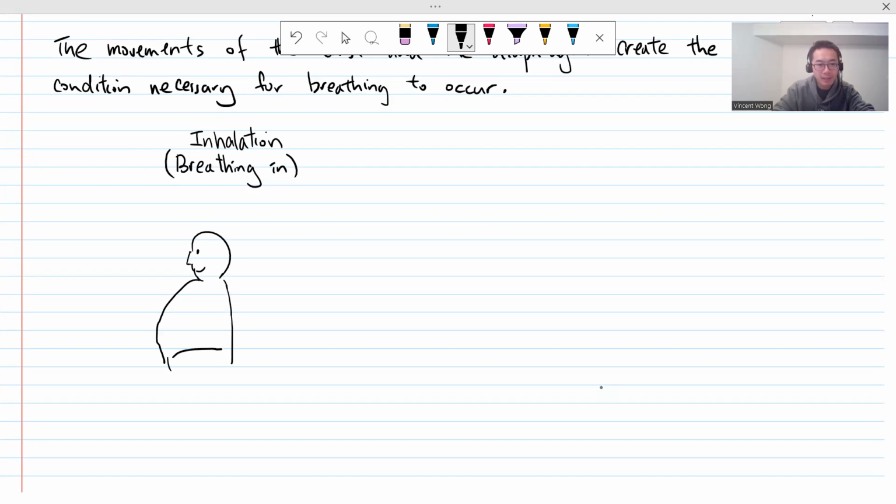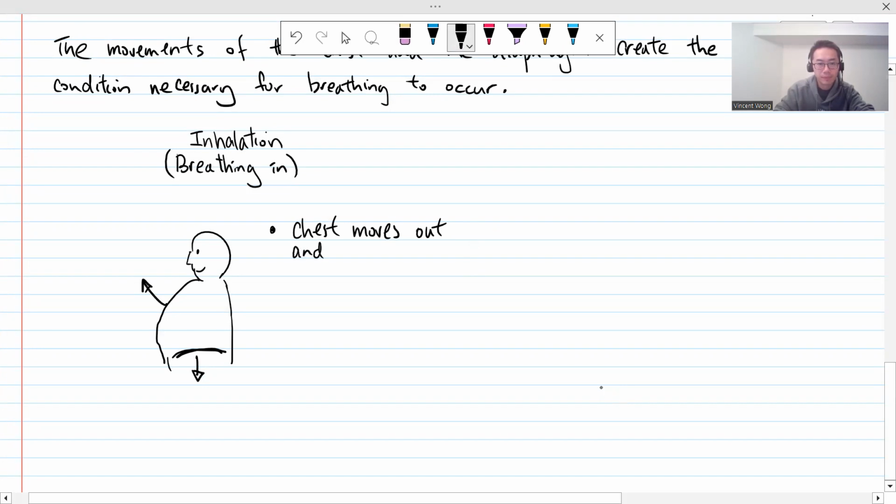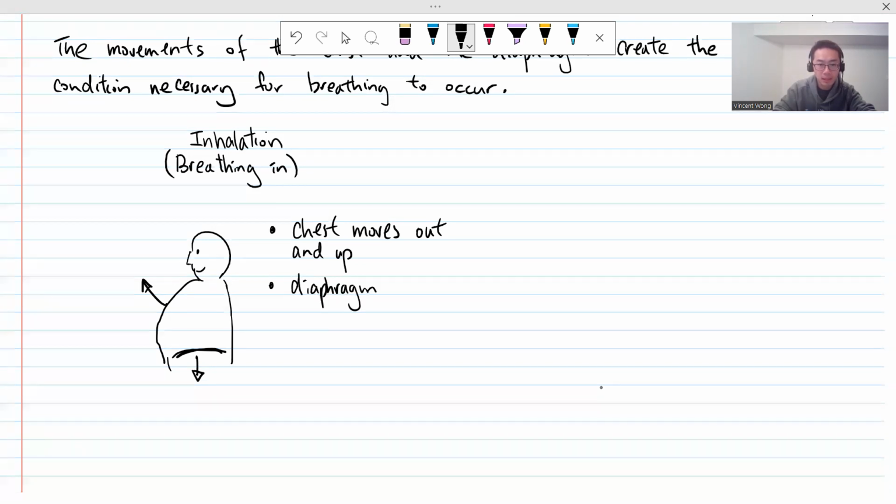And the diaphragm is gonna go down. So chest moves out and up. And at the same time, the diaphragm contracts.